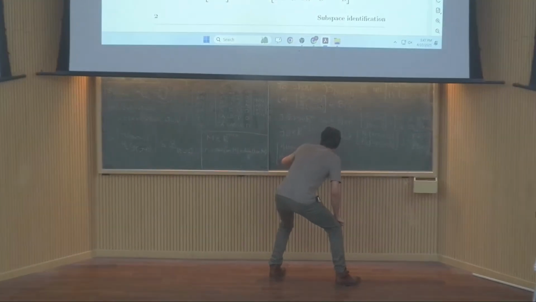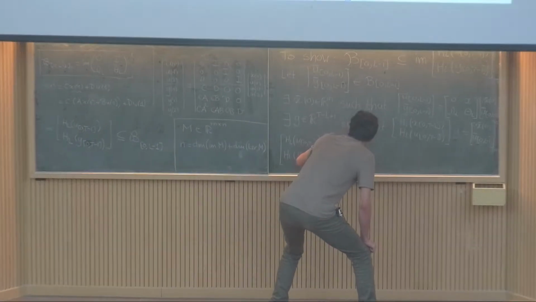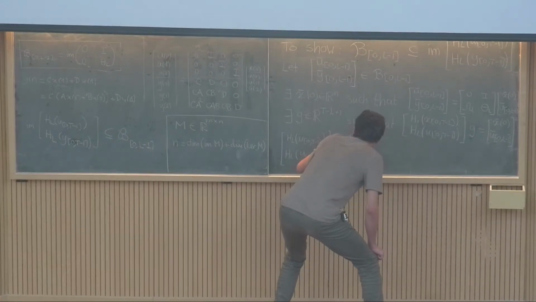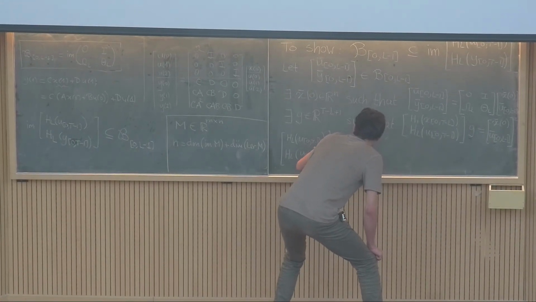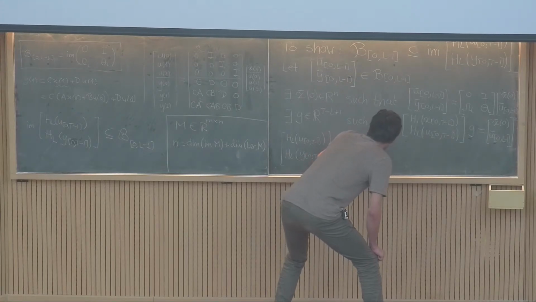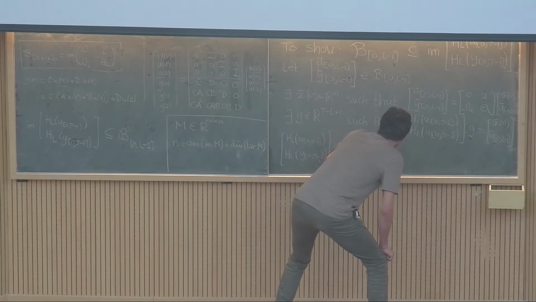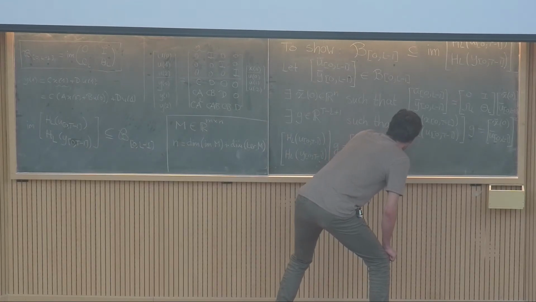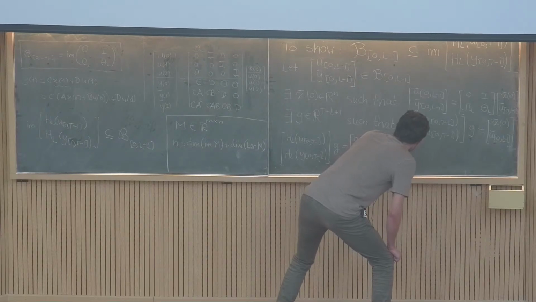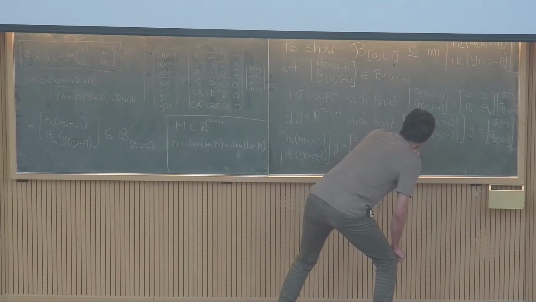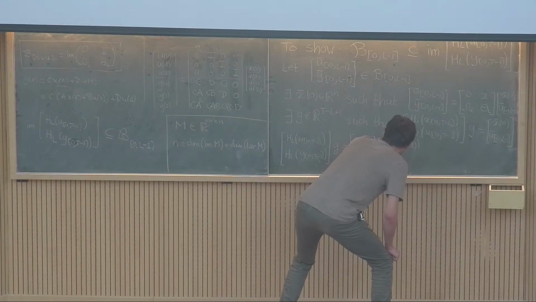Well, this is [0 identity] times [Omega_L Theta_L] times the state-input Hankel matrix.